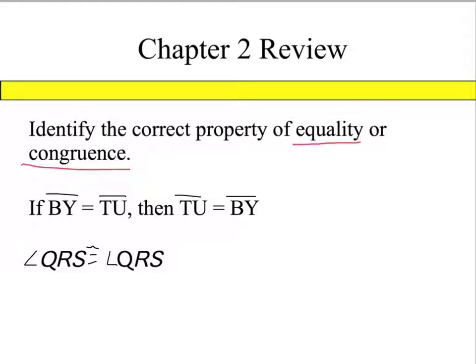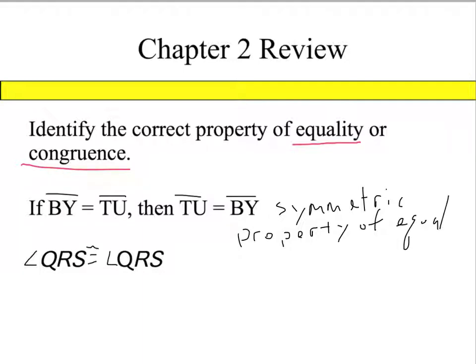So the very first one, BY is equal to TU, then TU is equal to BY. It is going to be that symmetric property of equality. So don't forget that one right there.